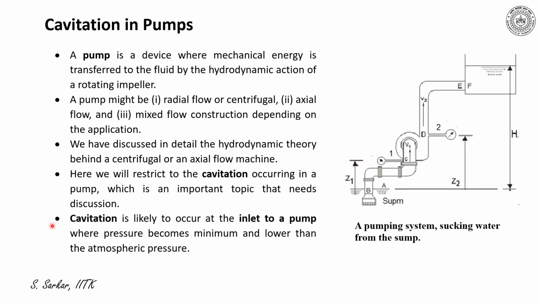Please note that the cavitation here is likely to occur at the inlet to the pump, where the pressure becomes minimum and lower than the atmospheric pressure. Note here that for a turbine, cavitations occurs at the exit of the impeller, while for a pump it would occur at inlet, where the pressure is less than the atmospheric pressure.